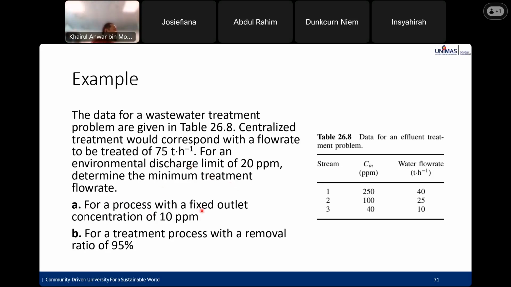A, for a process with a fixed outlet concentration of 10 ppm. B, for a treatment process with a removal ratio of 95%.